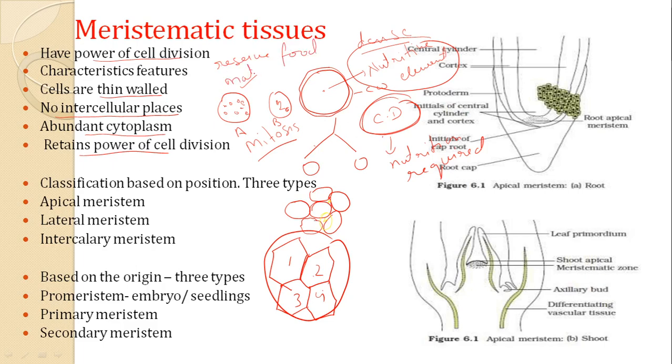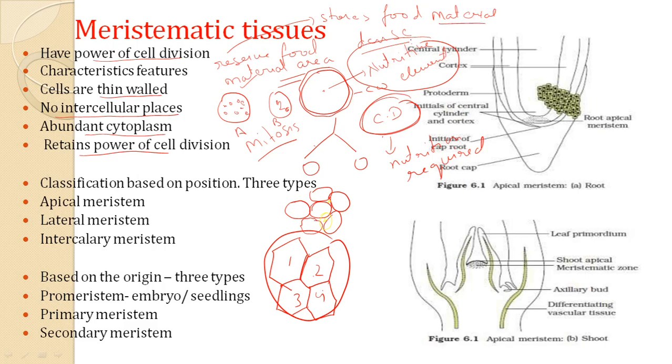Meristematic tissue also performs the function of reserve food material because it stores food materials. So it is also known as a reserve food material area.